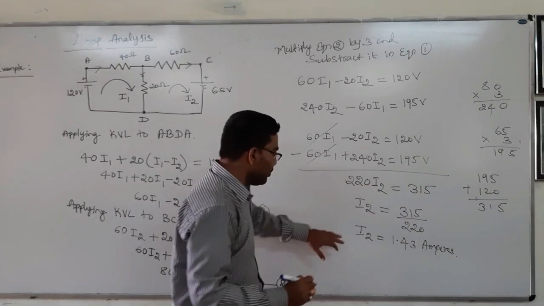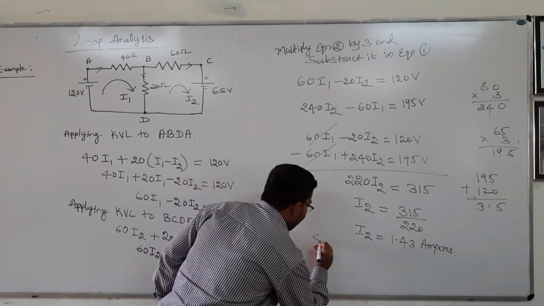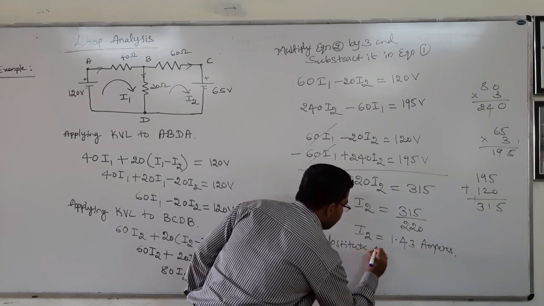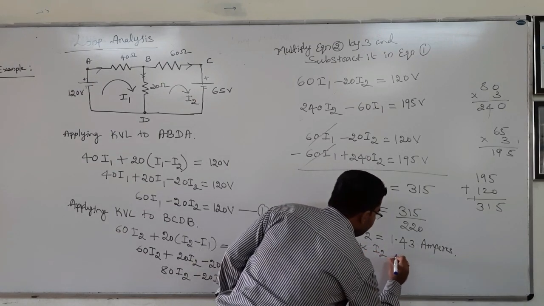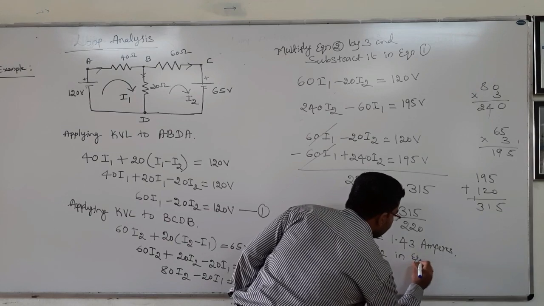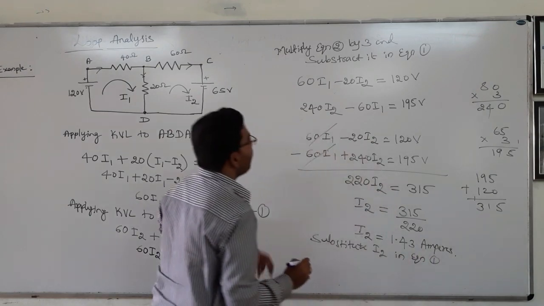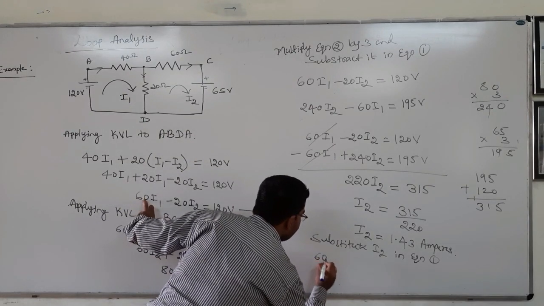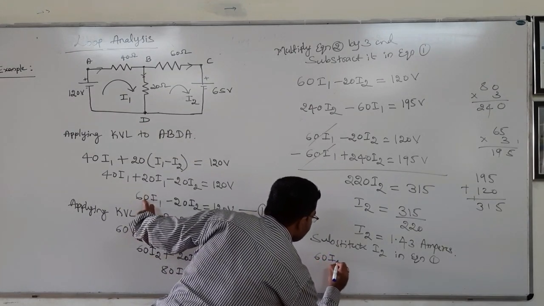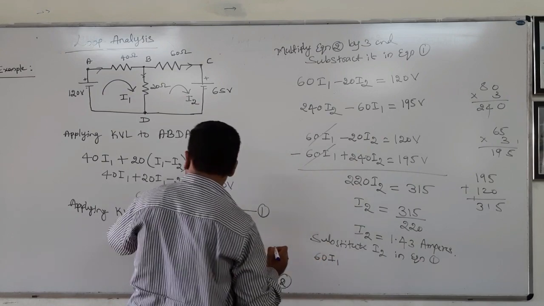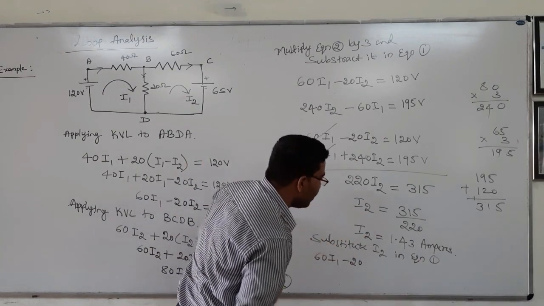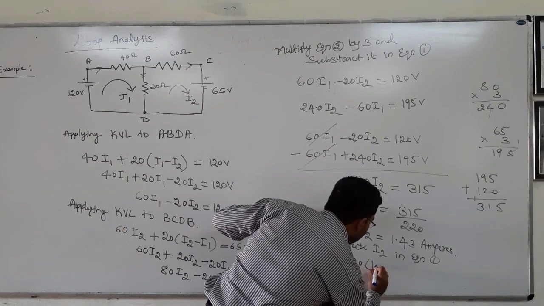Okay, so substitute this I2 value in equation 1. So what I will get, 60 I1, then minus 20, what is the I2 value here? So 1.43.